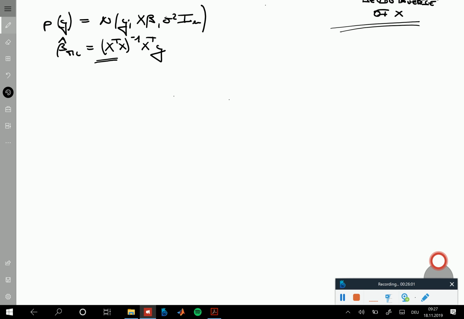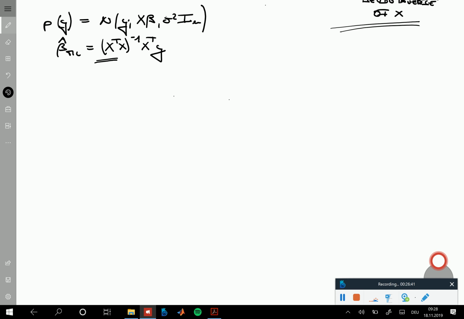However, in whichever way one does it, the estimate for the variance parameter will depend on the beta parameter. We can either compute the variance parameter assuming that we know beta, or we can already plug in a beta hat. Either way, we will get a formula where the variance parameter estimate depends on beta.